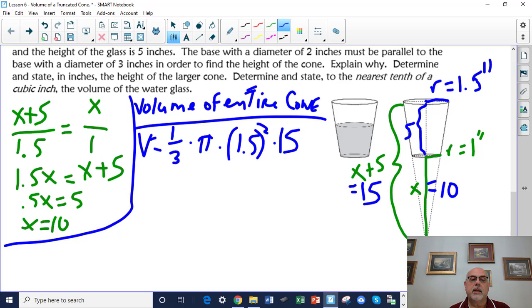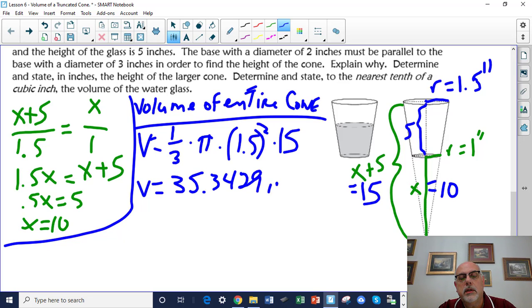Okay. Now it's a calculator problem. So the volume of the whole cone works out to 35.3429 inches cubed.